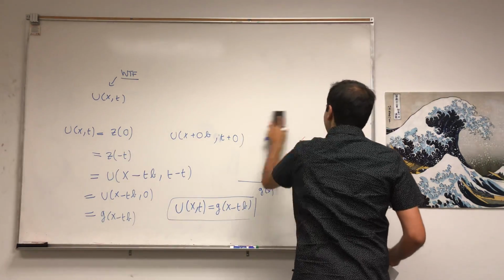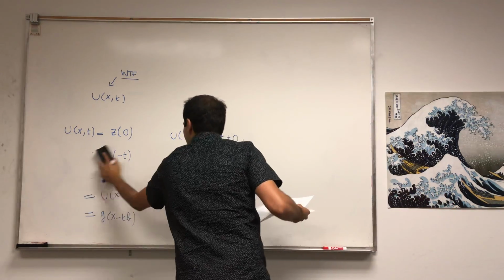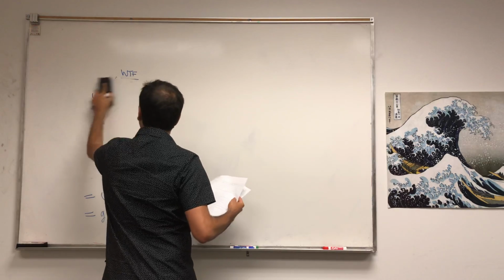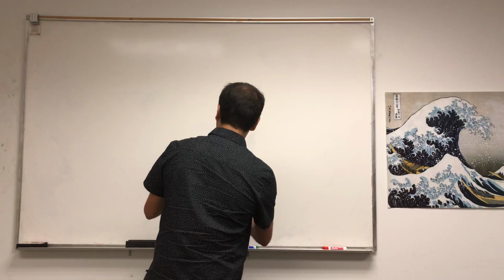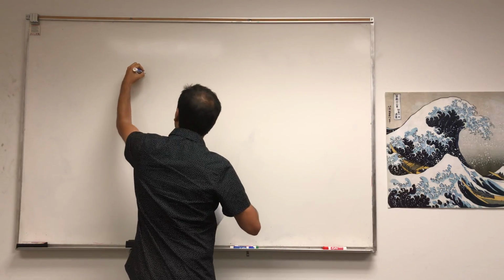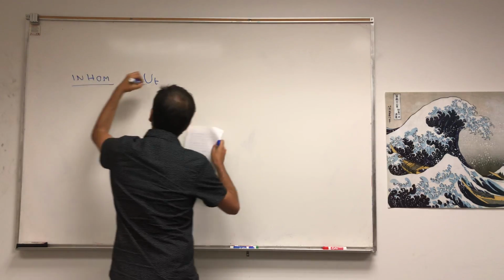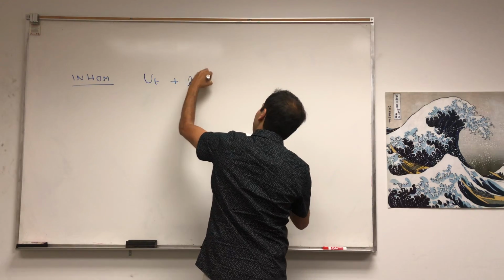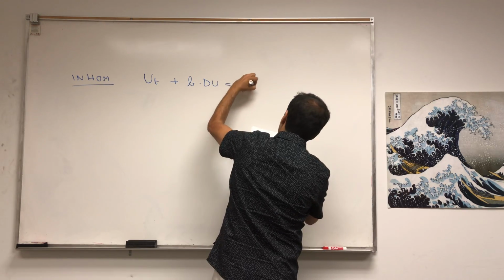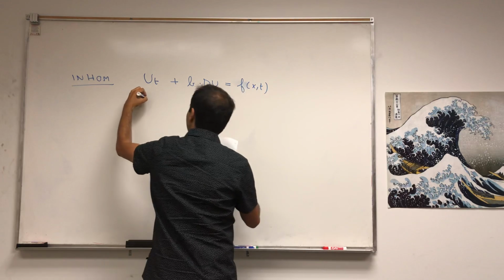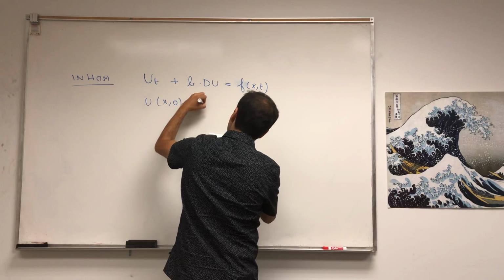In fact, let me do this. We will need this for the wave equation. What if, in the transport equation, we don't have 0 anymore? So now let's consider the inhomogeneous version. u_t plus b dot Du is f of x,t, and u of x comma 0 is g of x.